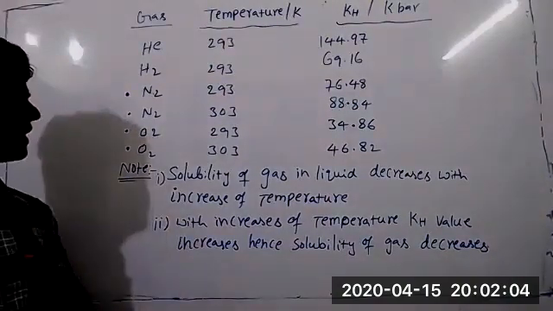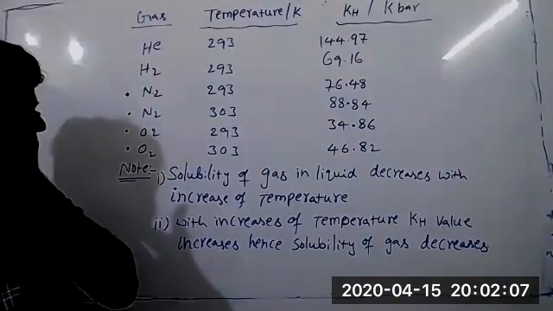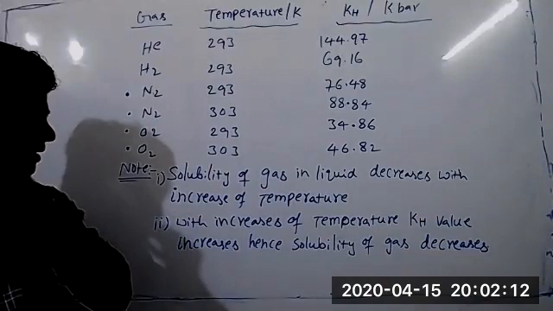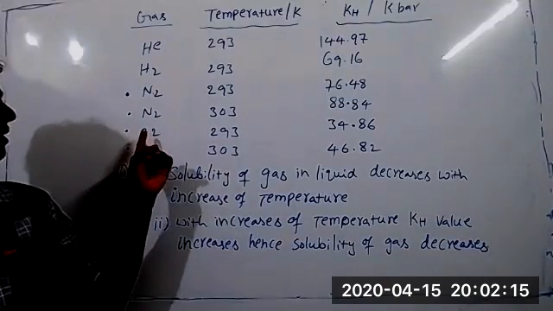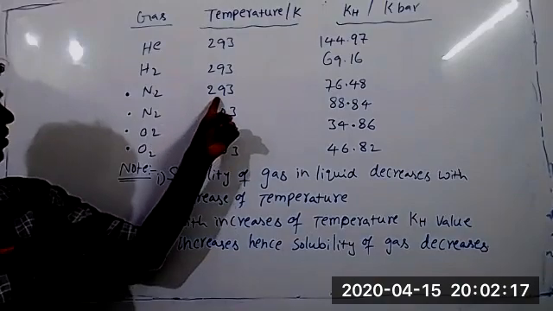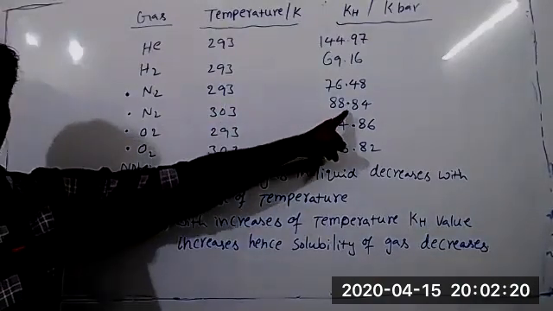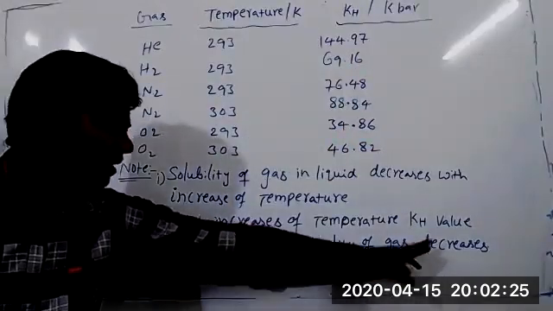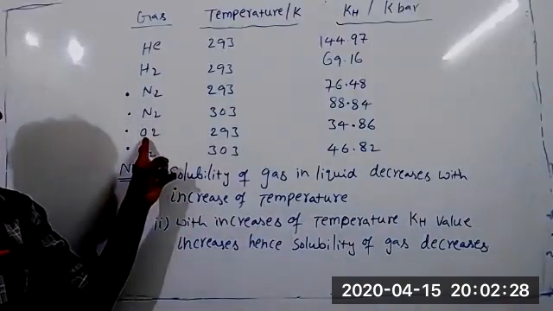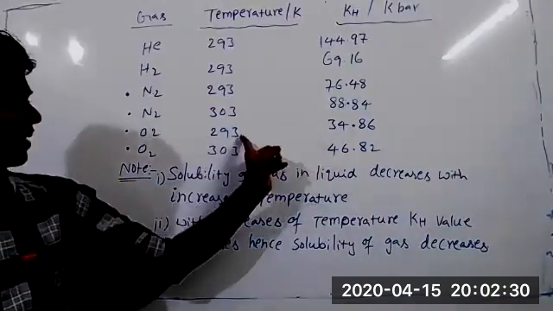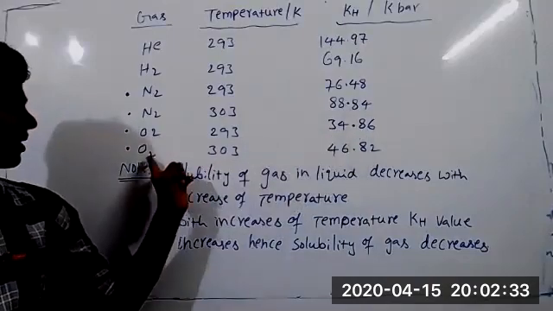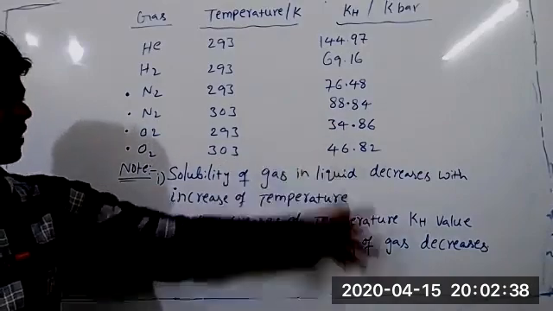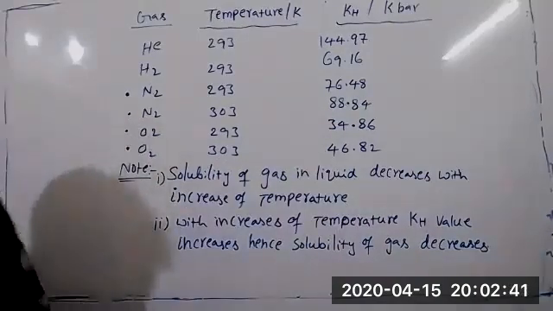If KH value increases, does solubility increase or decrease? Decreases. Further increasing the temperature, KH value increases, that's why solubility decreases. Look here, oxygen at 293 Kelvin, room temperature, 34.86. At 303, temperature increases, KH value also increases. So solubility decreases with increase of temperature. Note down that value.